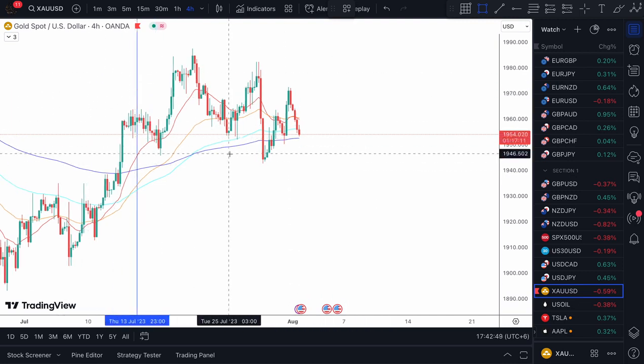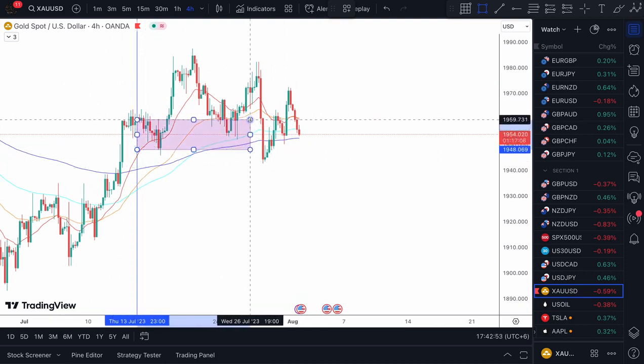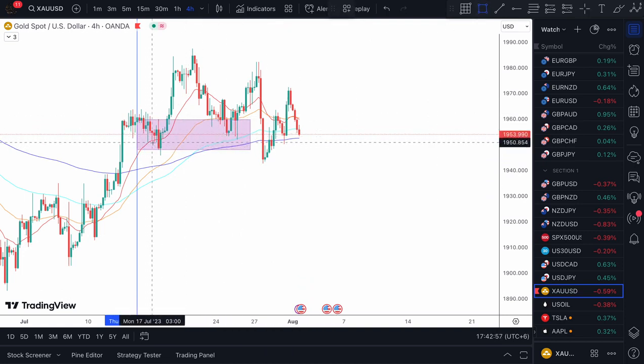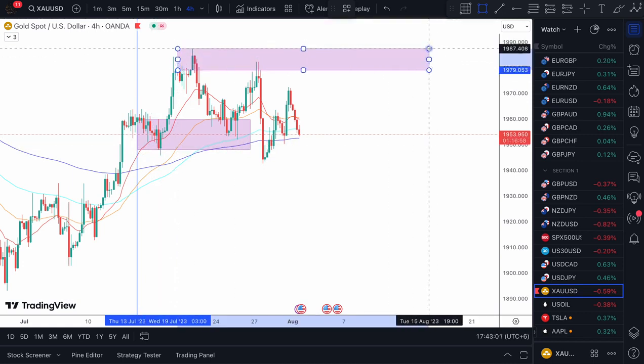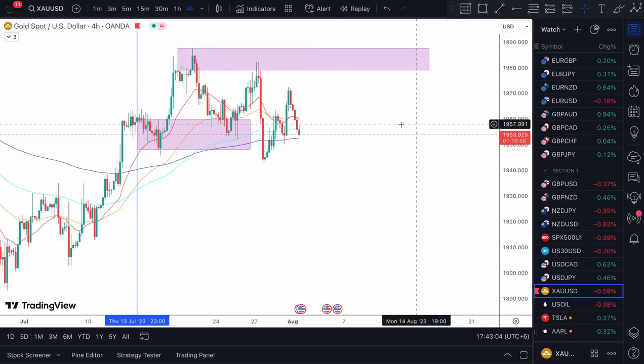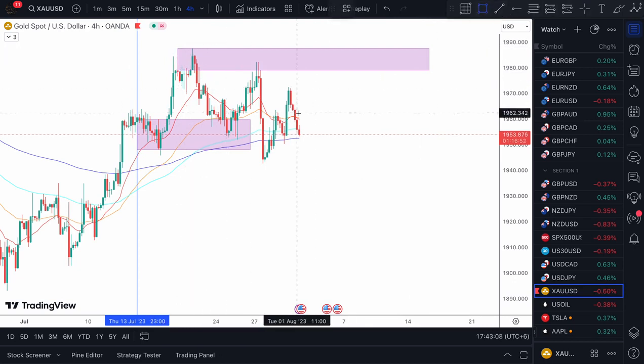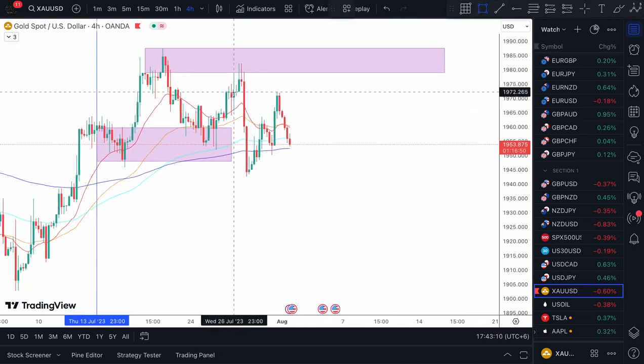You can see I'm on 4 hour, so the first thing I did here is, look, I drew out a zone. Okay, why did I take this zone? Because it's a low, and I'll take this zone. The reason is it's a high. Okay, and I can see this is another high.